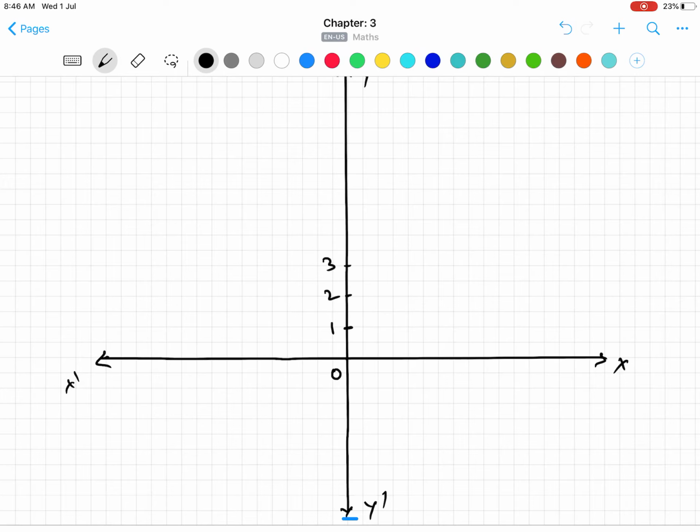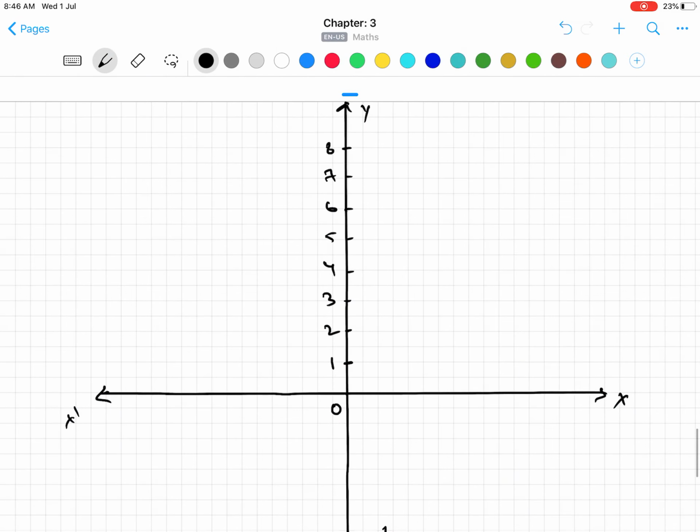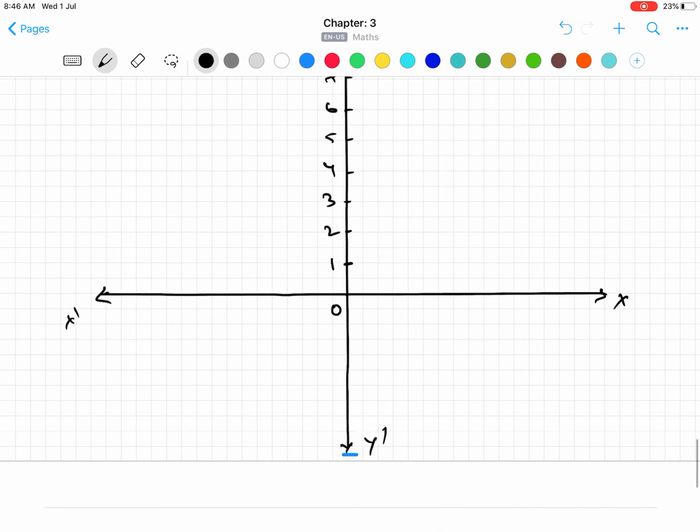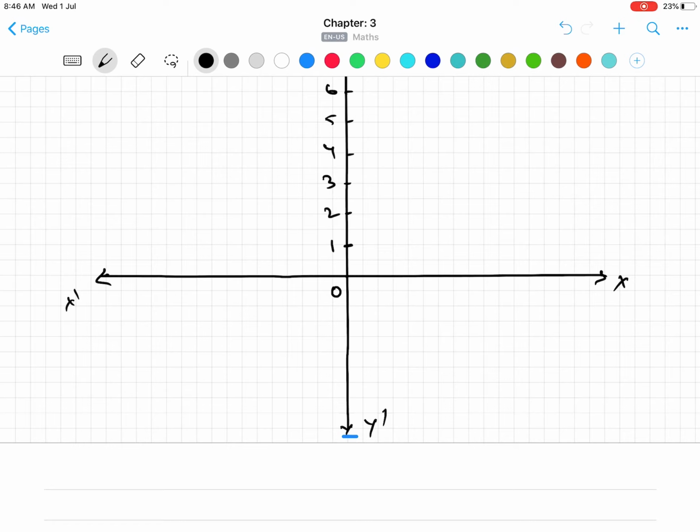+1, +2, +3, +4, +5, +6, +7, +8 and +9 for positive y axis. Then we have 1, 2, 3, 4, 5, 6, 7 and 8 for positive x axis.